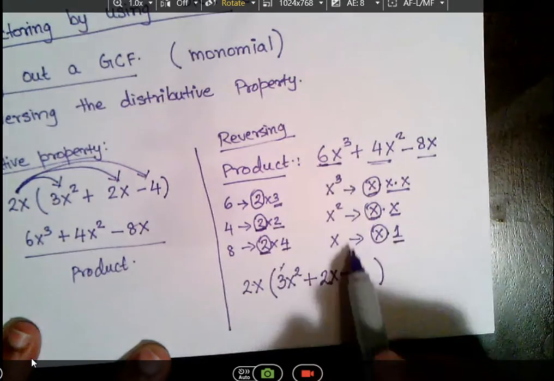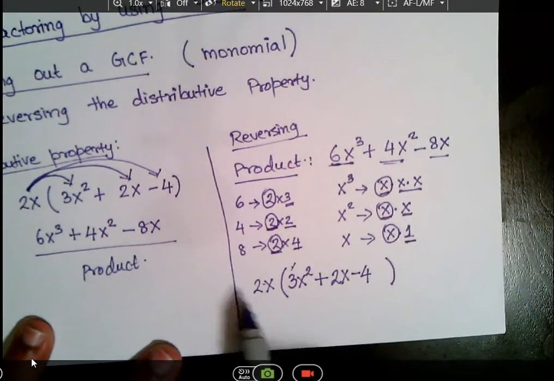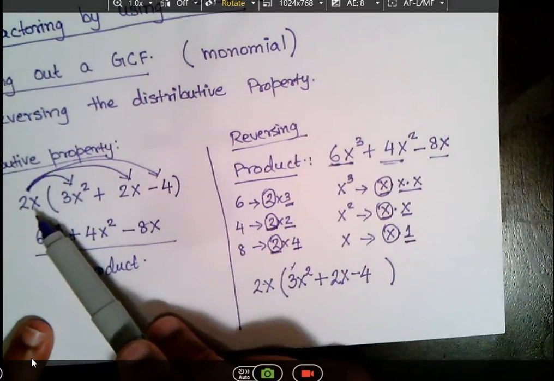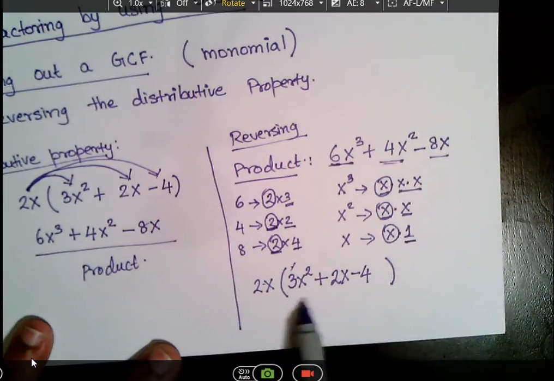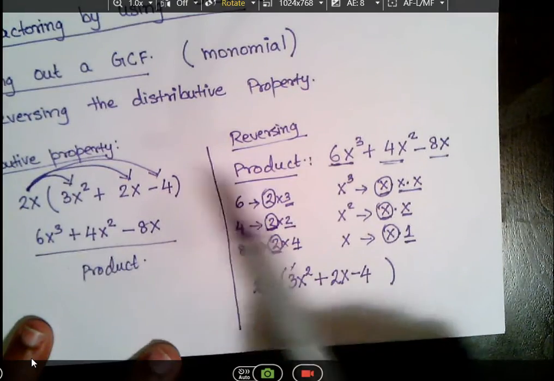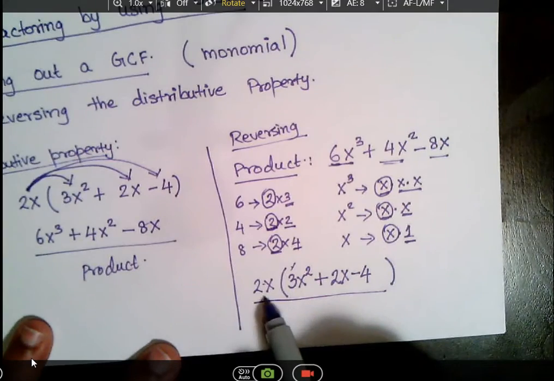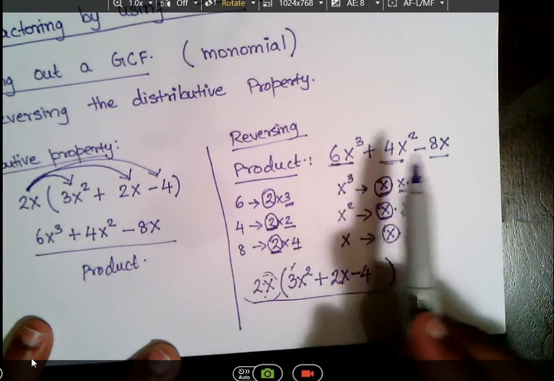So I reversed the process by pulling out the GCF. My GCF turned out to be 2x, which was the monomial that we started with earlier, right? And I got back my trinomial, which we multiplied with the 2x. So I reversed the process of the distributive property, and I got back the monomial factor that I took out, which is the GCF of these three terms.